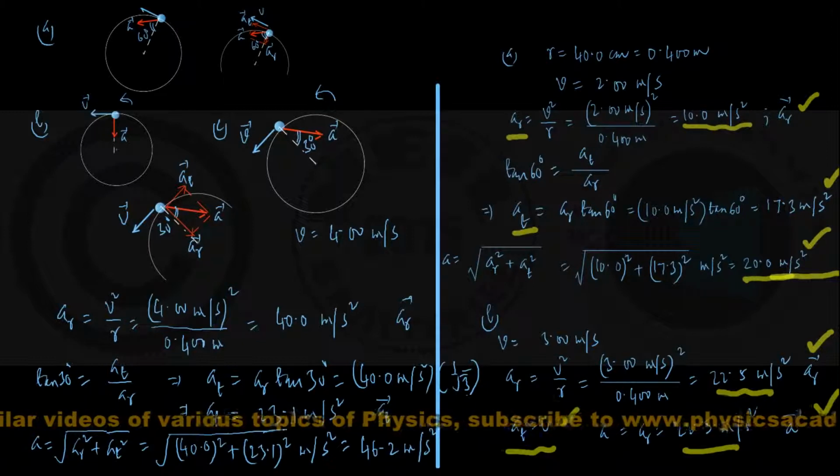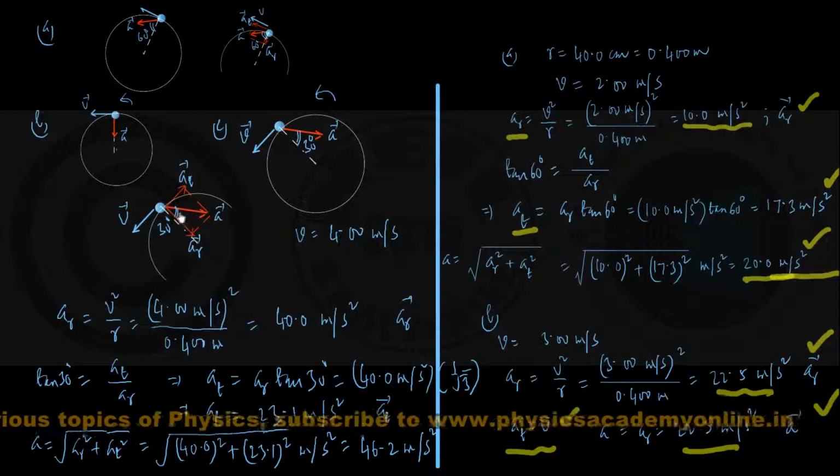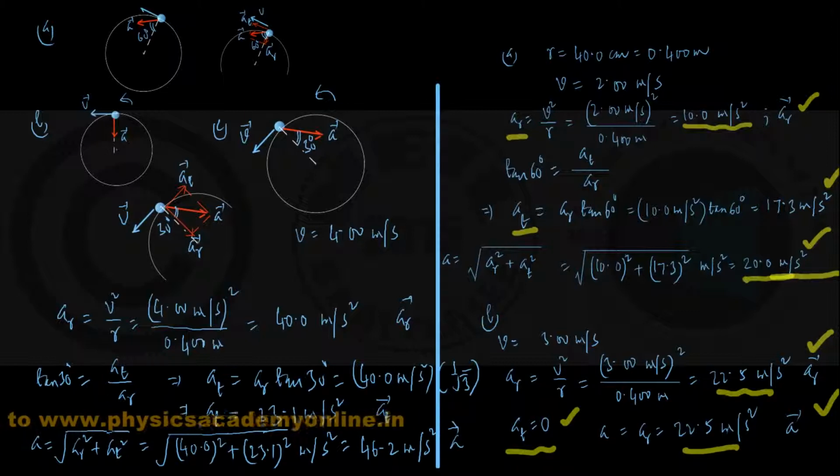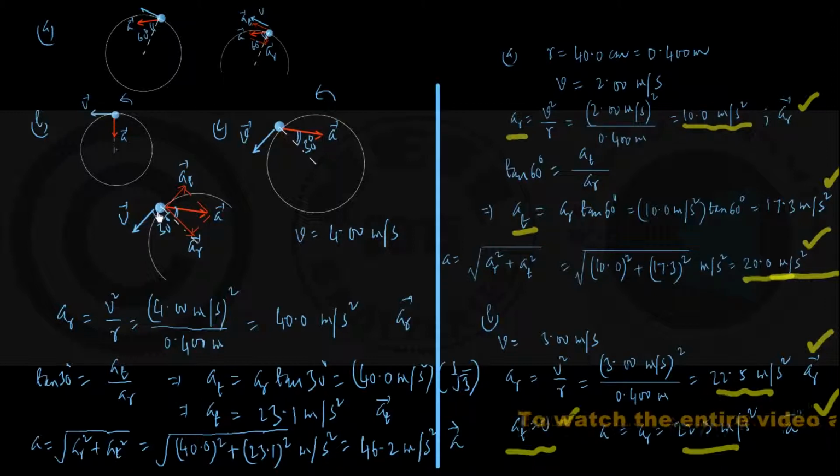So that is the magnitude of the total acceleration vector, and the direction is, if it's 30 degrees, the total acceleration vector is making an angle of 120 degrees, isn't it? This is 90 degrees, this is 120 degrees with the direction of the velocity vector. The obtuse angle signifies that the tangential component of the acceleration is pointing in the opposite sense to v, which means that at this instant the speed of the particle is decreasing.